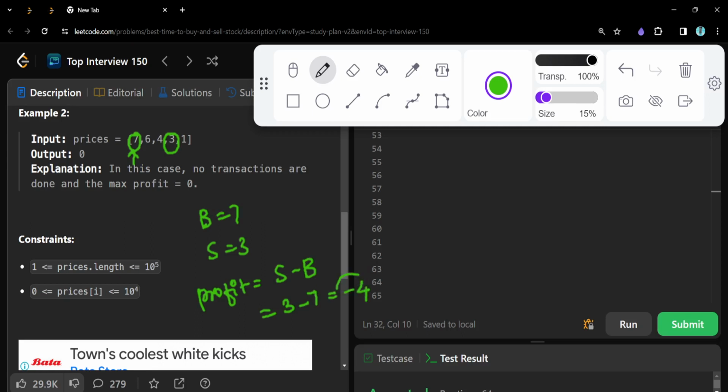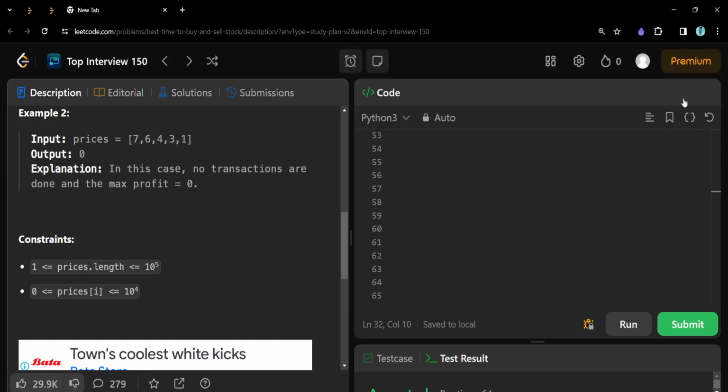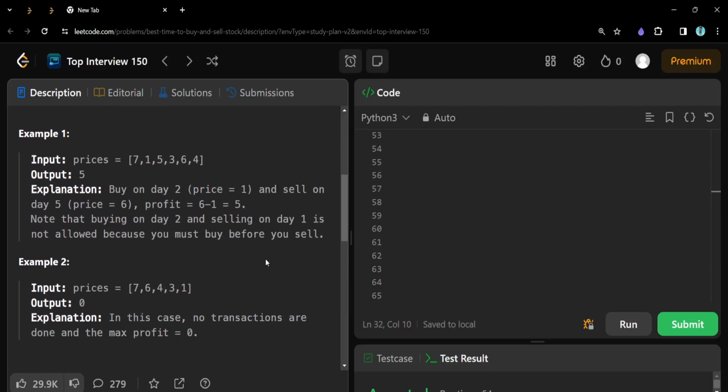So profit is minus 4. So it is a loss, right? If the stock price is continuously decreasing, then we cannot profit, right? It will always be a loss. So in that case, the final answer will be 0, right? So how can we solve this problem?